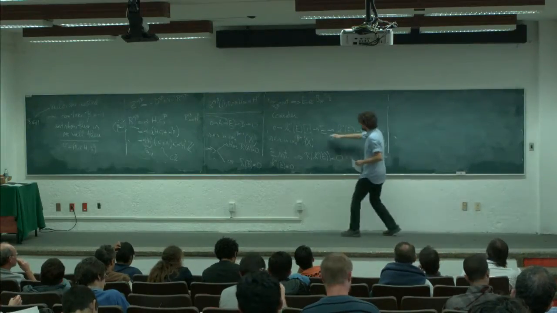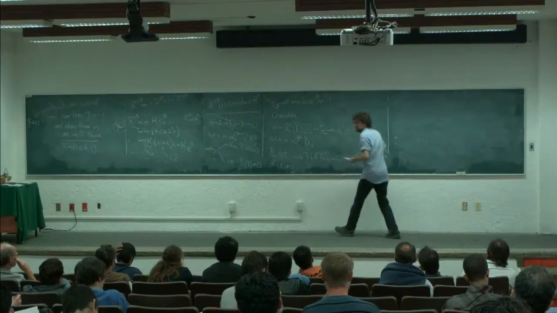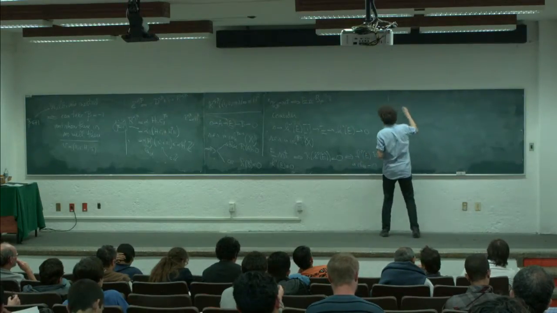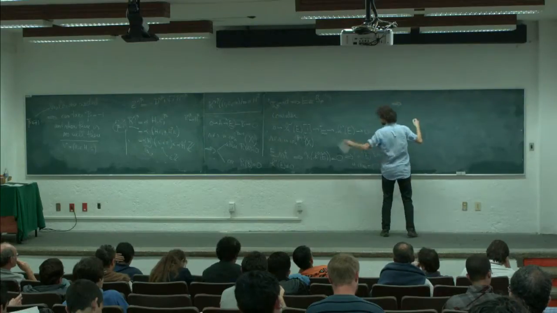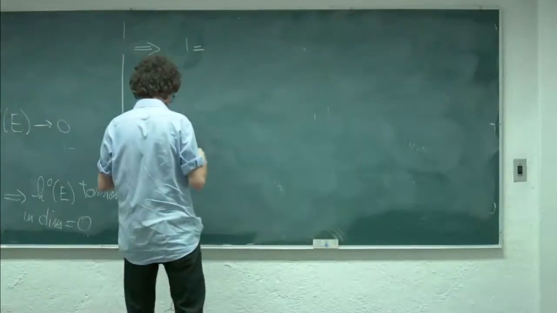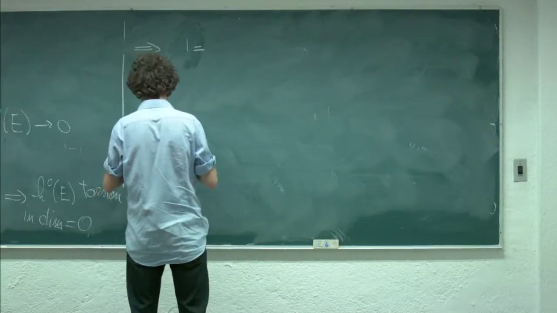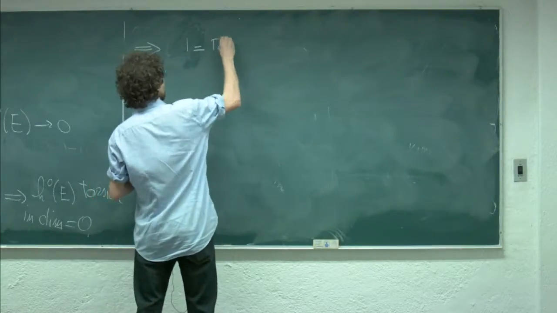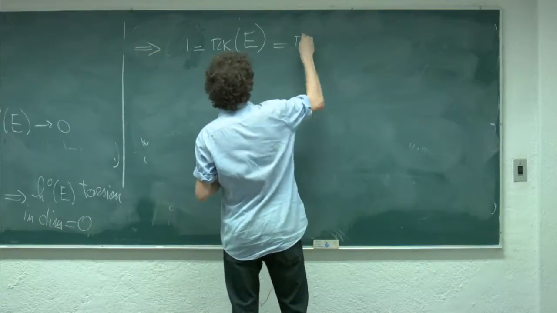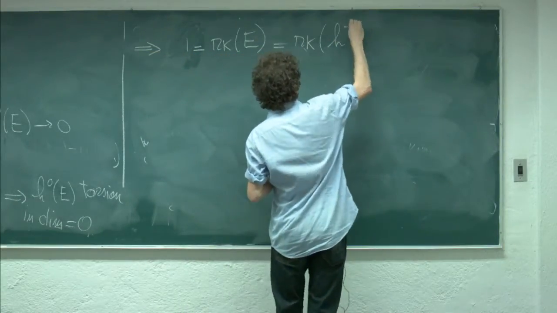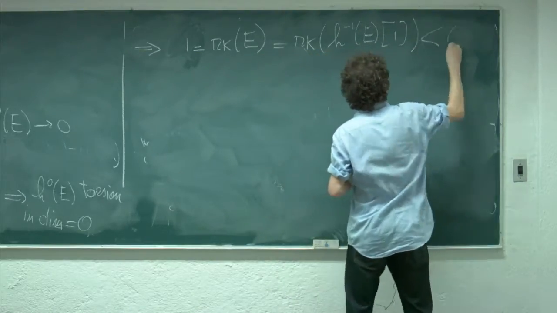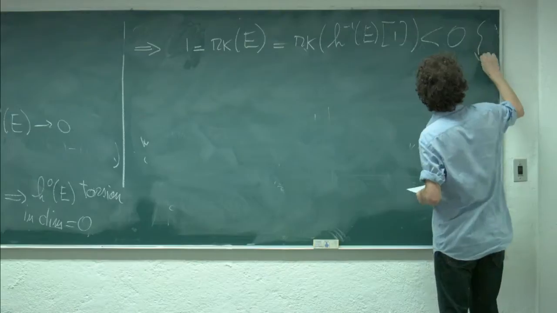Because somehow now this guy is rank 1, this guy is negative rank. So this is rank 0. So this implies that the rank 1, which is equal to the actual rank of E, is equal to the rank of H-1 of E shifted by 1, which is negative. Okay, so that's a contradiction.